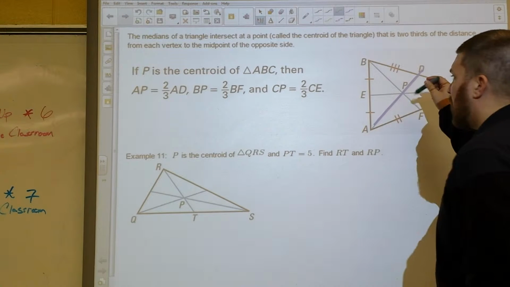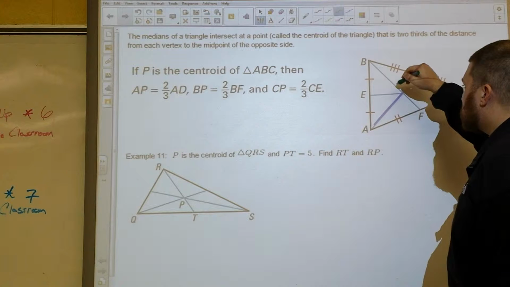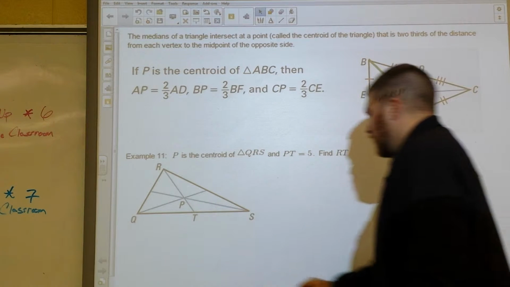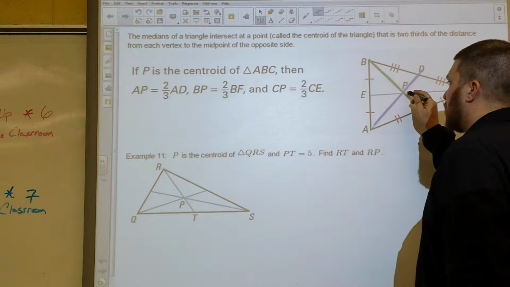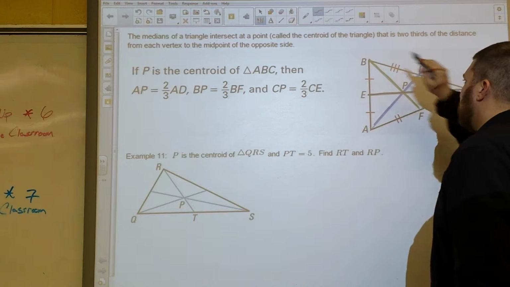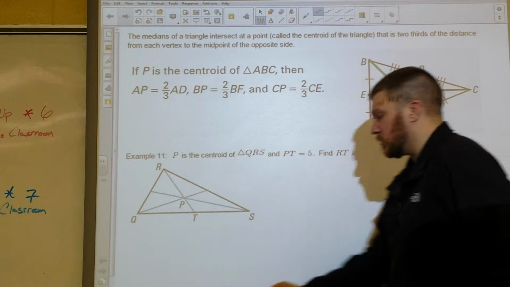Same thing on this side: BP is 2/3 the total distance, and then CP is 2/3 the total distance. So it's always from the vertex to the centroid that's 2/3 of the corresponding total distance.